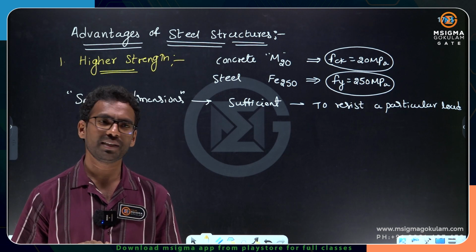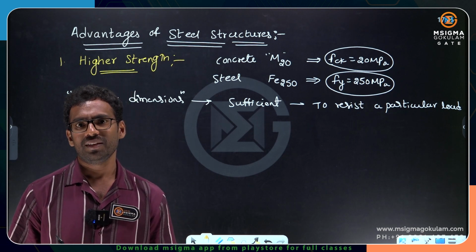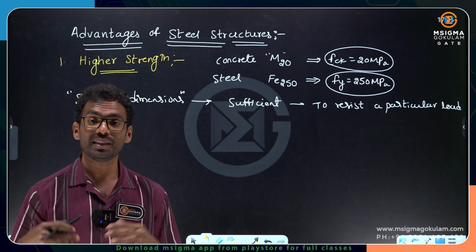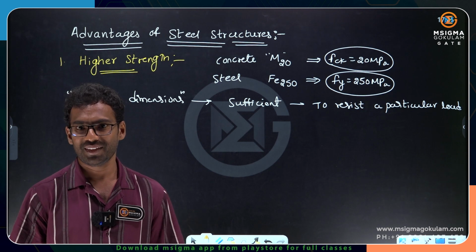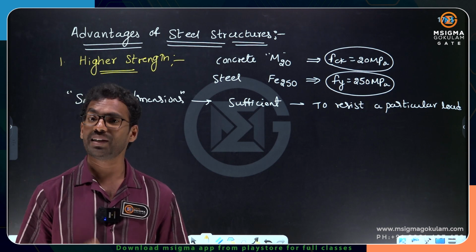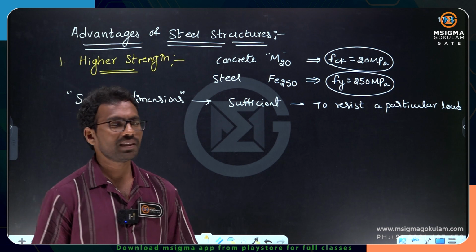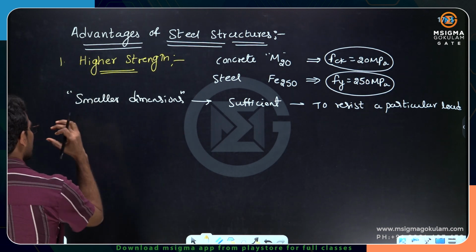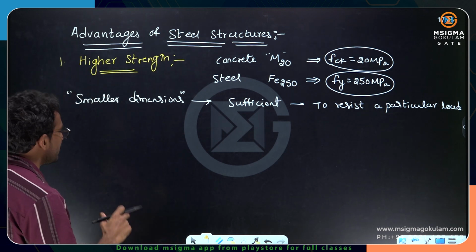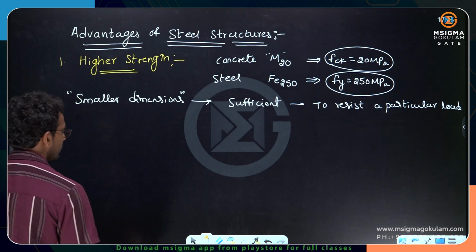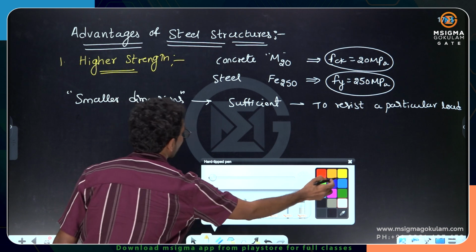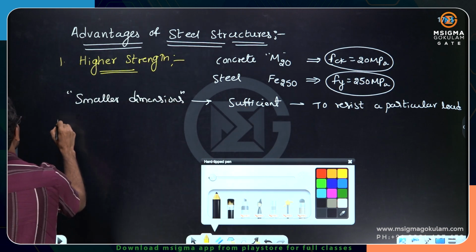Nowadays in any construction, everybody wants to have a pleasing environment in their home, so they focus on the architectural aspects as well, right? So we can have smaller dimensions which improve the aesthetics of the structure. So steel structures are aesthetically good looking when compared to RCC. That is one thing.